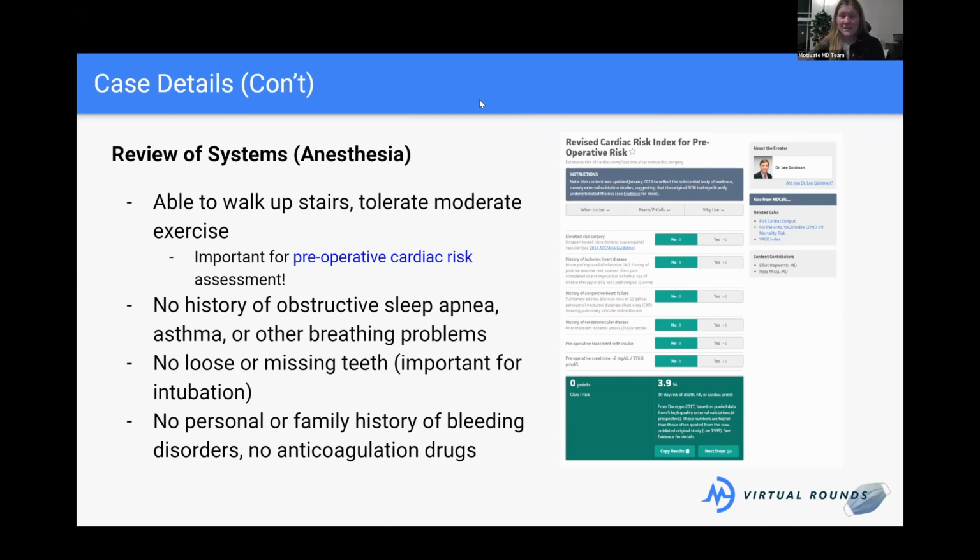Additionally, we do want to also ask about their dental history. It seems a little bit weird, like why would we care? But we ask if people have loose or missing teeth, or chipped or cracked teeth or anything abnormal in the mouth, because again, that does make a difference in intubation. We use a blade called a laryngoscope, which is like a little lever that you use to open up the mouth and then to project a light onto their vocal cords.